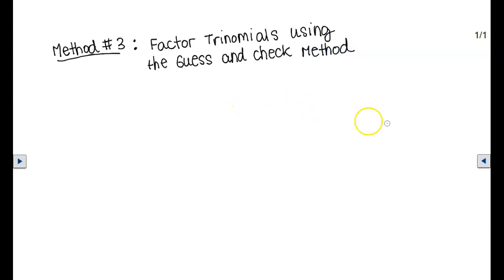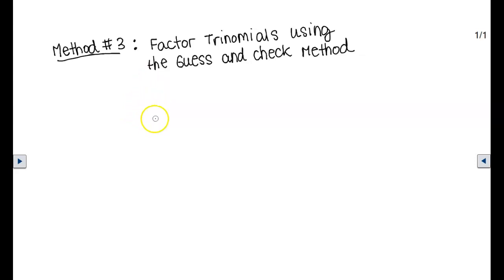So, I want you to notice first of all that we're going to be factoring trinomials, which means that everything that we factor today is going to have three terms in it. And I want you to notice this method, guess and check. What that means is that this is going to be kind of a trial and error process. So let's just go ahead and dive in, and I'm going to show you what we're talking about.